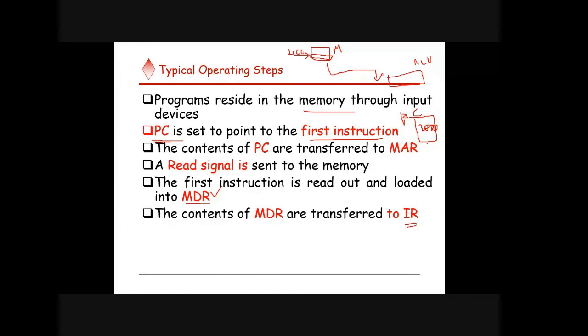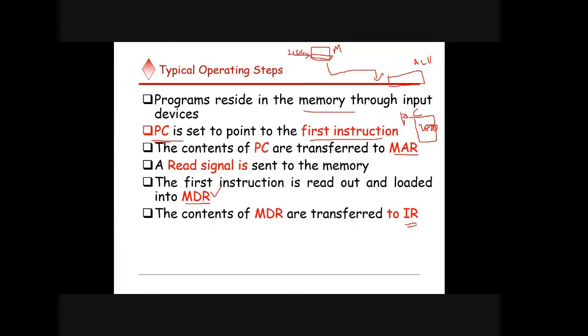So it will get to know the address, but whether I should write there or read from there, the memory unit doesn't know. So the control unit will generate the corresponding signal for that. It will generate a read signal. So the memory unit understood that it should read the content of this particular memory location.